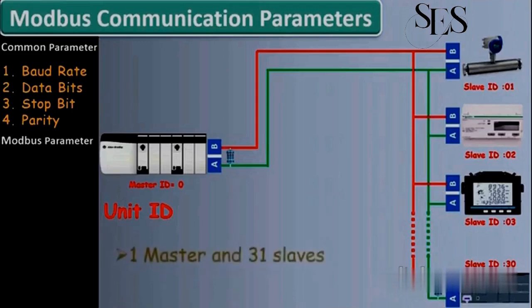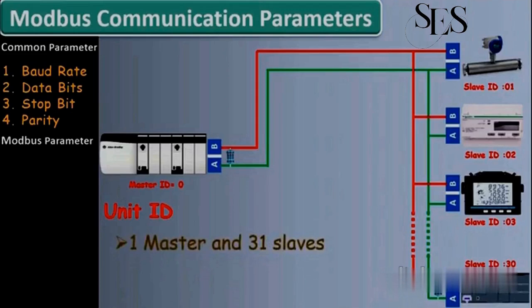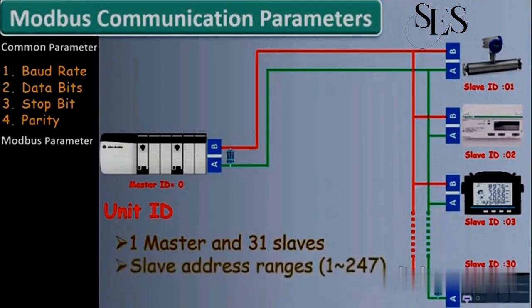As we know earlier, in a Modbus RS485 communication loop, there is 1 master and 31 slaves. But the number of slaves can be increased using a Modbus repeater, up to 247.